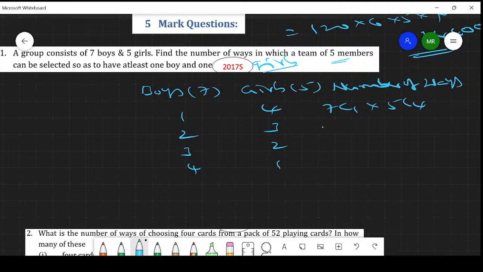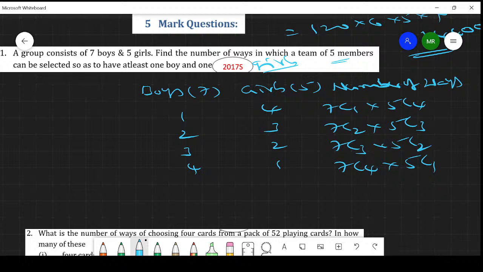The second case, 7C2 into 5C3. The third case, 7C3 into 5C2. And this case, 7C4 into 5C1.